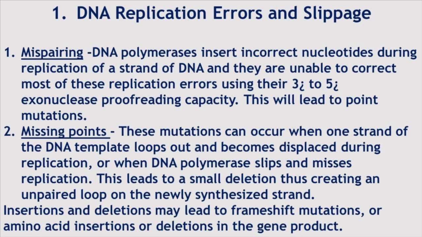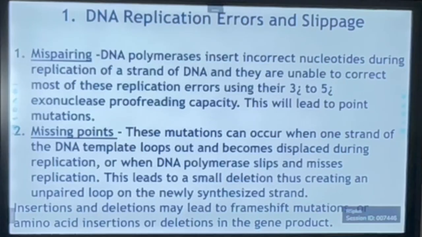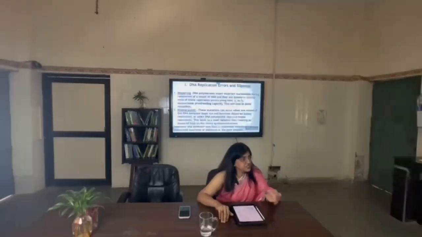So during replication it is slipped and missed. That region of unpaired loop is missed in the synthesis by DNA polymerase in the newly synthesized strand, and this leads to deletion.